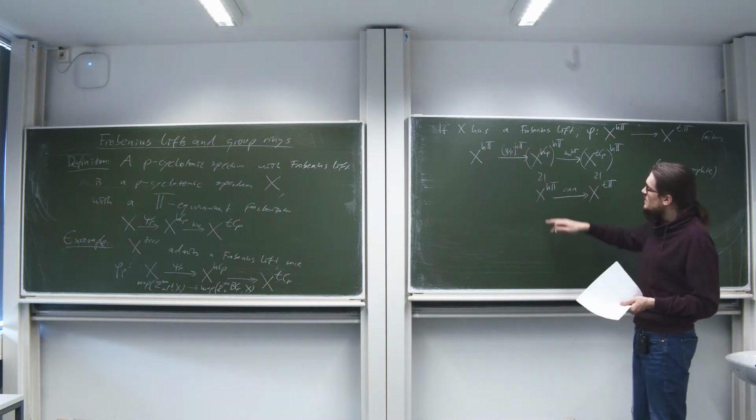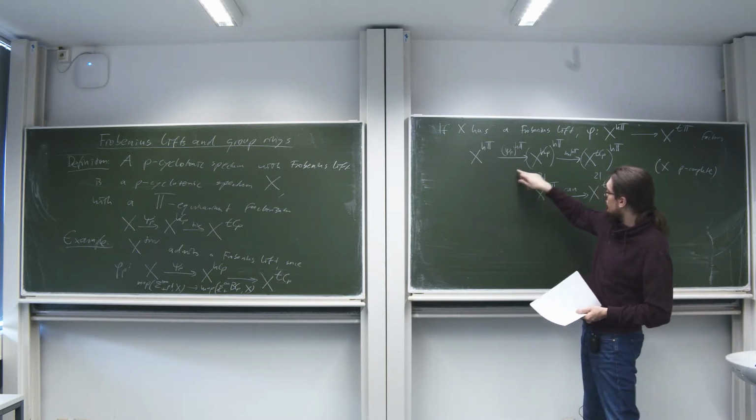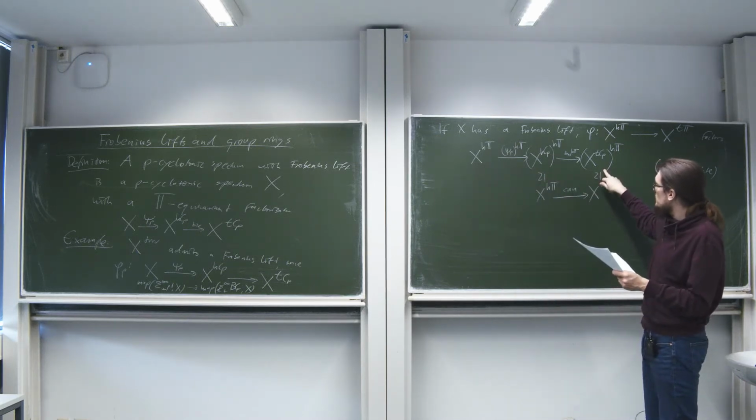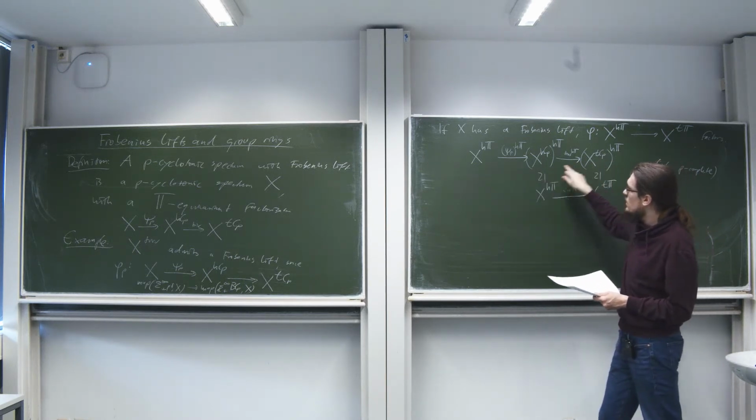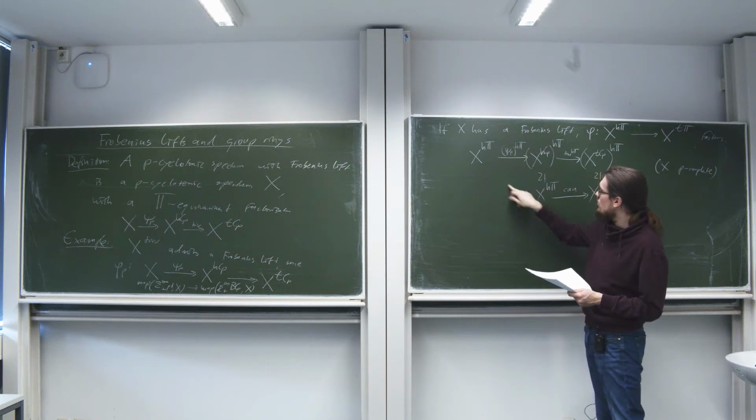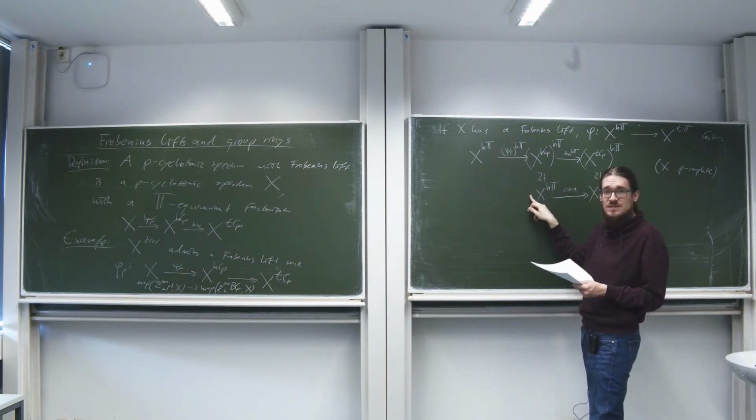Okay, so we see that the Frobenius that appears in the definition of TC actually factors through an endomorphism of TC minus.